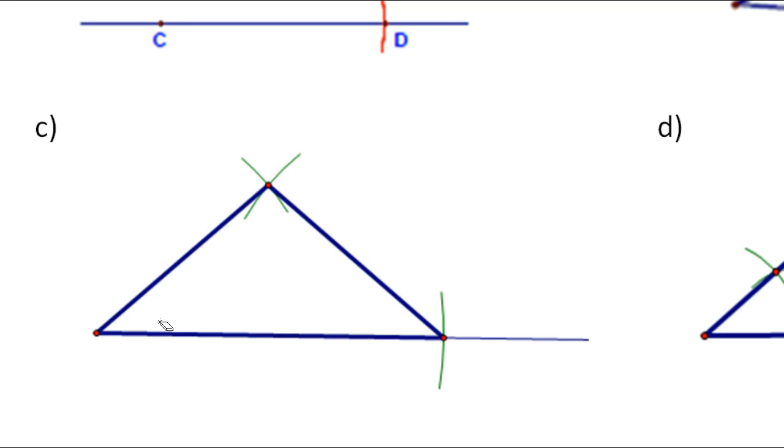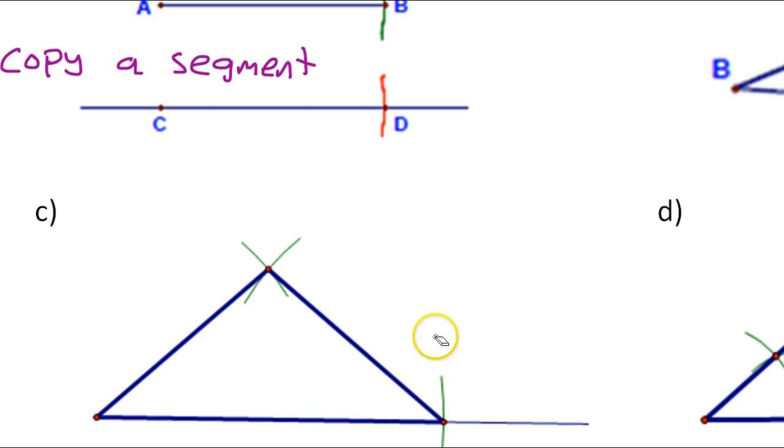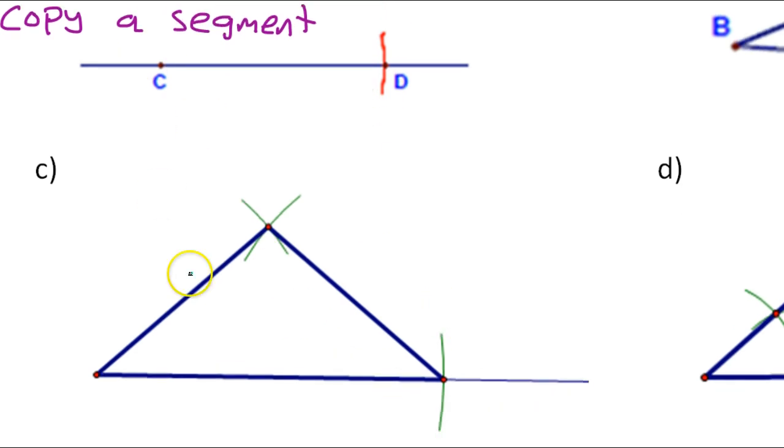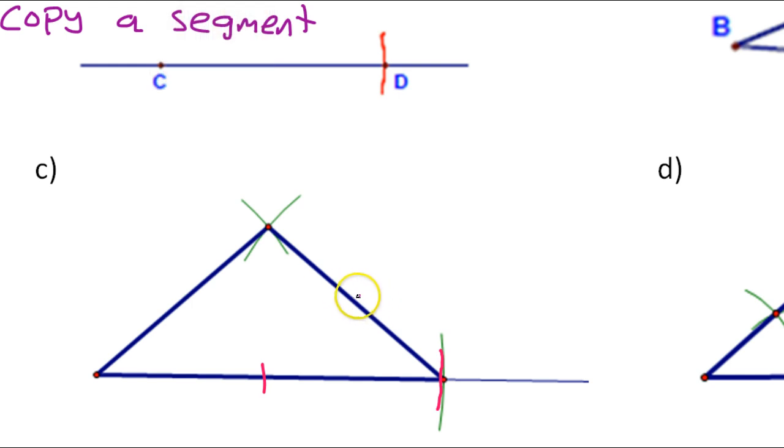So all that must have happened, because when you copy a segment, all you get is just the one arc showing how long the segment was. So we must have copied the one segment, and that's where this arc came from. And then we must have copied another segment, and that's where this arc came from.